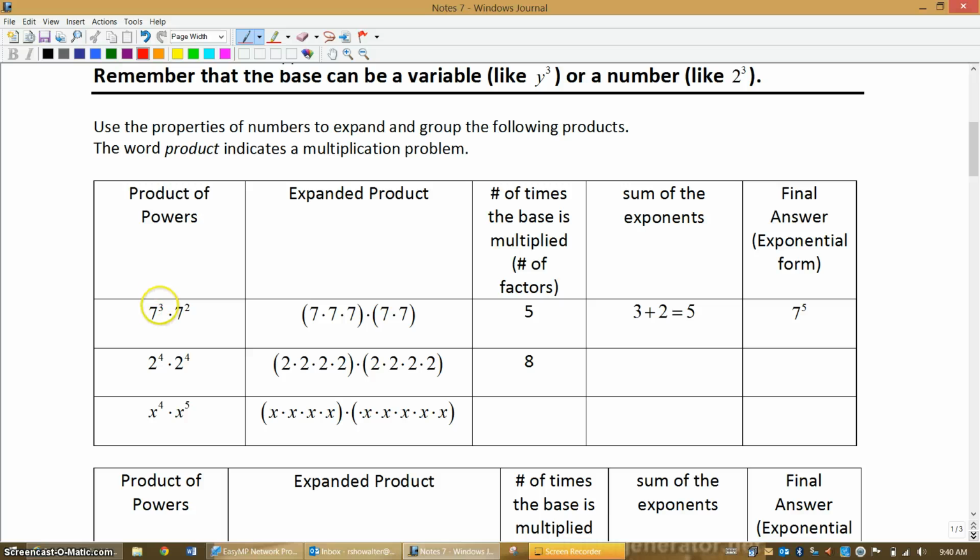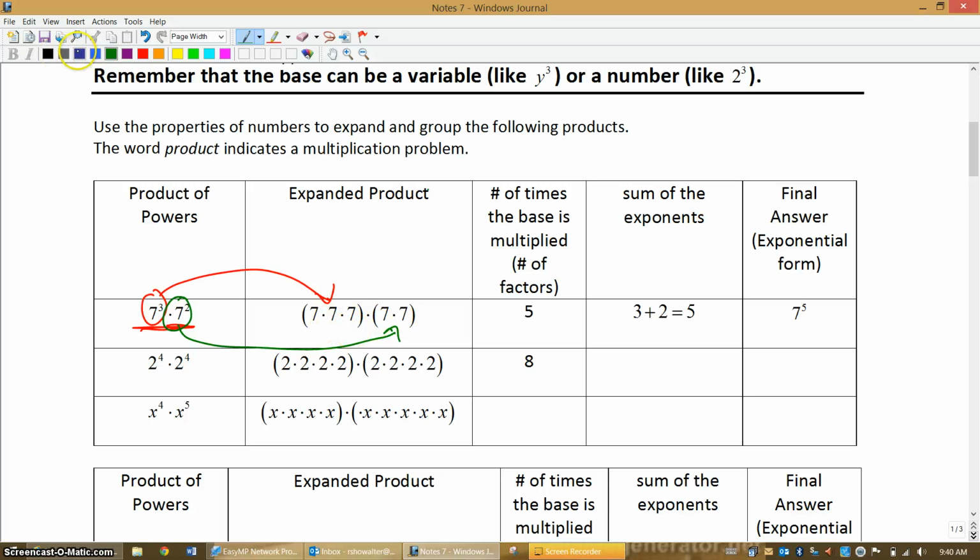Notice this first line. If we have 7 to the third times 7 to the second, that's this first expression. That is the same as doing 7 times itself 3 times, because that's literally what an exponent is, and 7 times itself 2 times, and multiplying those two groups of things.